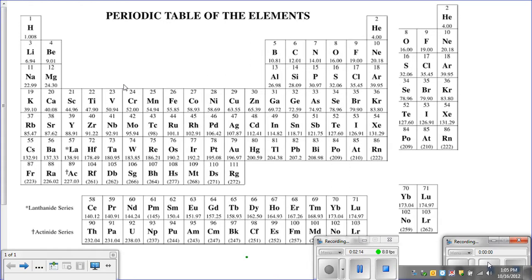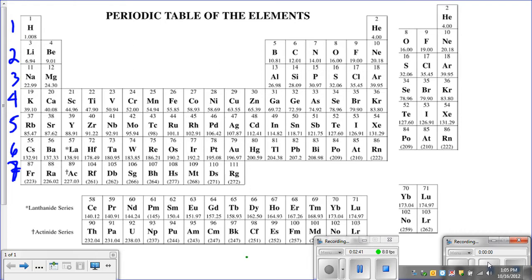Go down the columns, because these correspond to how far an electron is from the nucleus. These are called your quantum numbers. They're related to the distance the electron is from the nucleus. The greater the quantum number, the further the electron is from the nucleus, and the more energy that electron has.